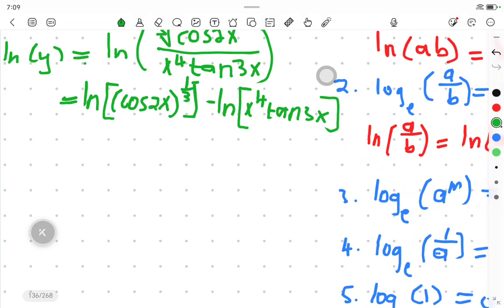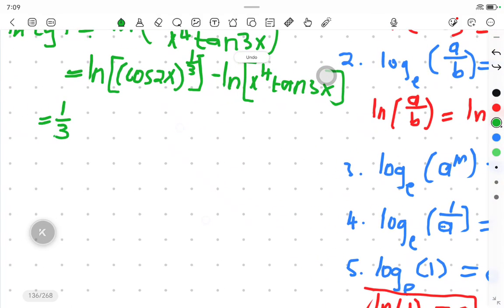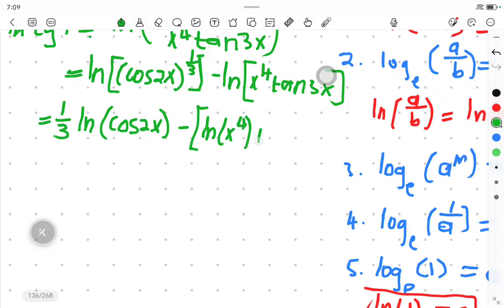Applying the ln, we can drop the exponent 1 over 3 according to this property. We have one third ln of cos 2x minus, inside the ln, x to the 4 plus ln of tan 3x.